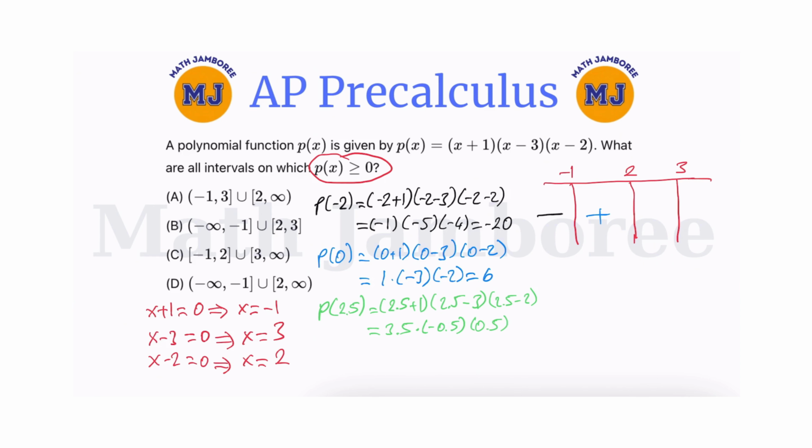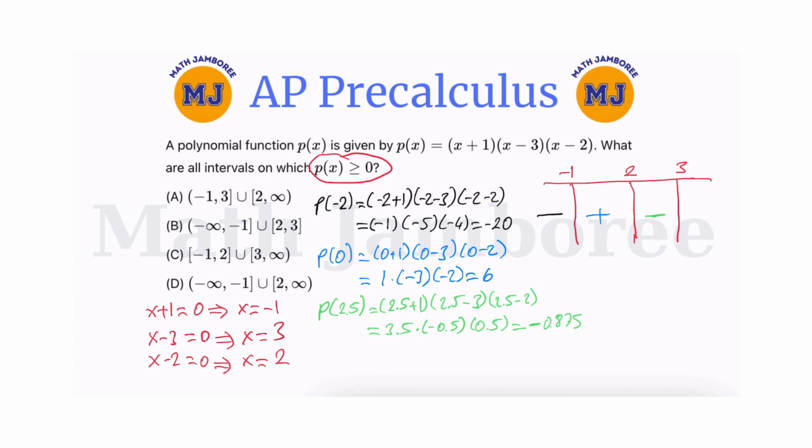You don't have to calculate this, you can just look for the sign. Positive times negative is negative. Negative times positive is negative. The answer is negative. If you calculate, this will give you negative 0.875. So between 2 and 3, the function p of x is negative in this interval.